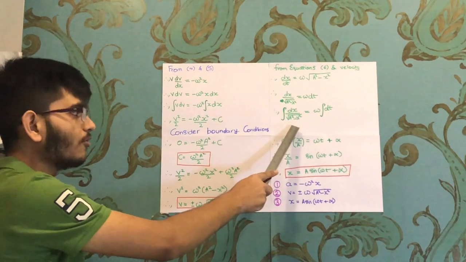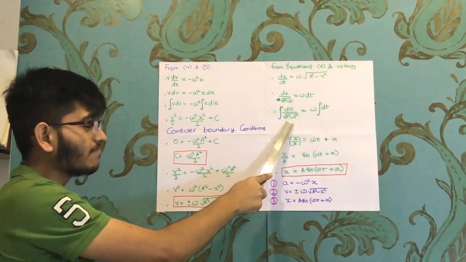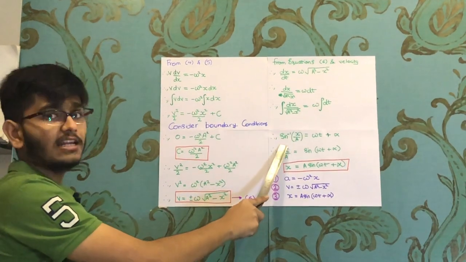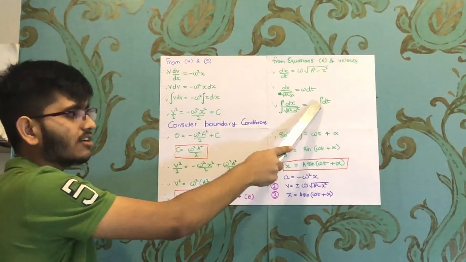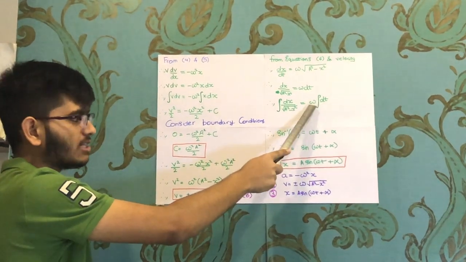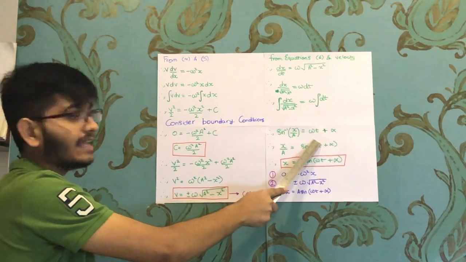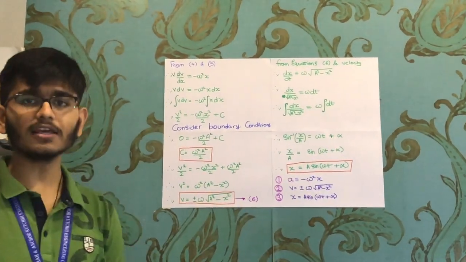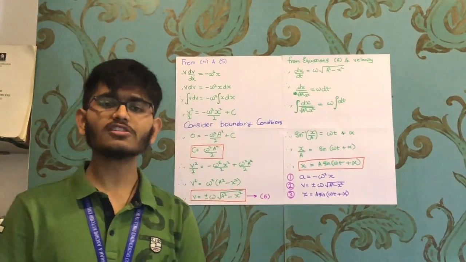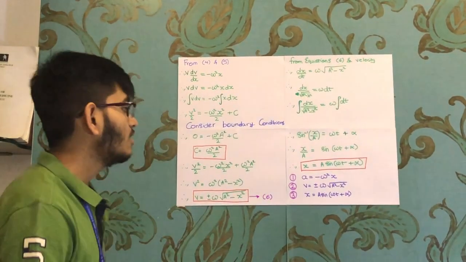There is a formula for integral of dx upon root of a square minus x square. Therefore it is sine inverse of x by a is equal to omega t plus a constant, that is alpha, where omega is a constant so it remains outside, and integral of dt is t. Alpha is nothing but an epoch, which is also known as the initial phase of oscillation.